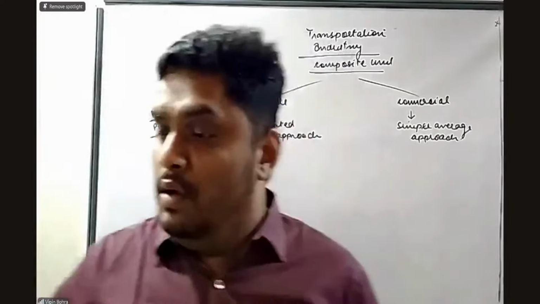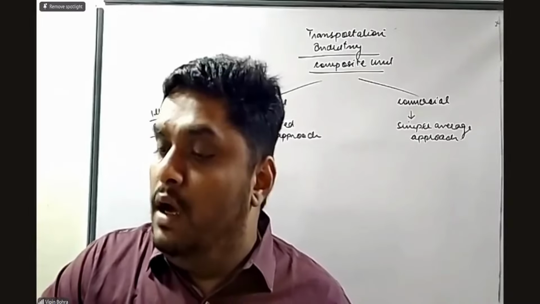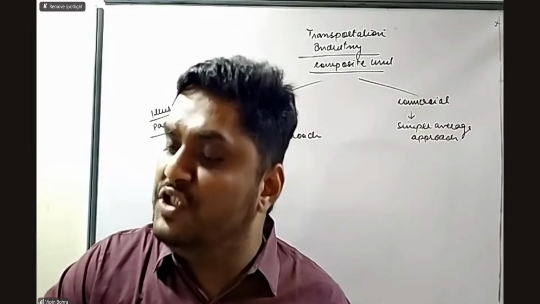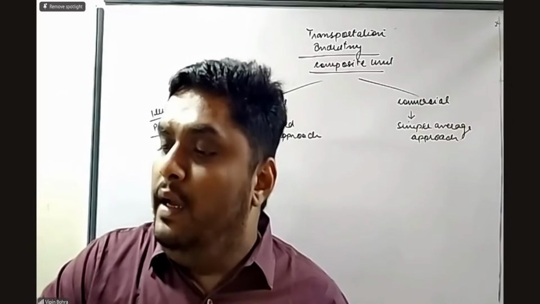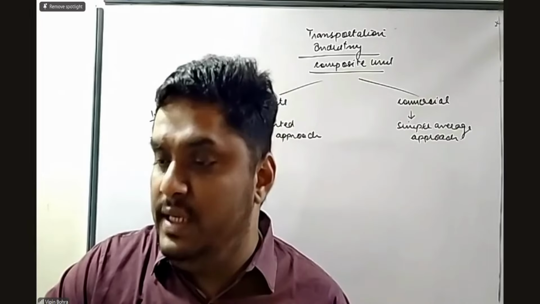A lorry starts with a load of 20 metric tons of goods from station A. It unloads 8 metric tons at station B and the balance at station C.